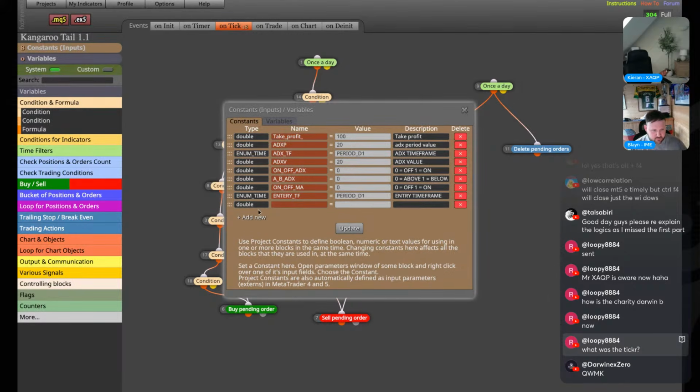Okay, then we've also got a moving average time frame. Did I put an S on that one? I did. MATF again.